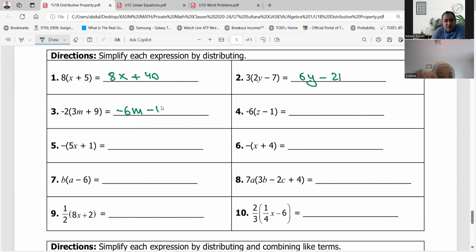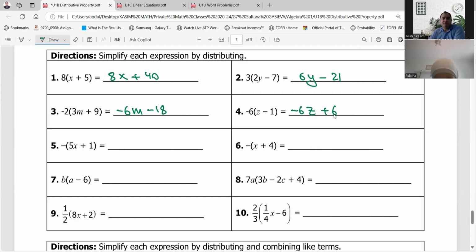Can you just tell without adding any expression, like negative 6 times z minus 1 equals negative 6z plus 6? At the beginning, you have to say like that: negative 2 times 3m, negative 6m, negative 2 times 9 is negative 18. We practiced at the beginning, but now you have the knowledge, you have experience, right? Now we are going to work on the speed, just multiply and tell me the answer.